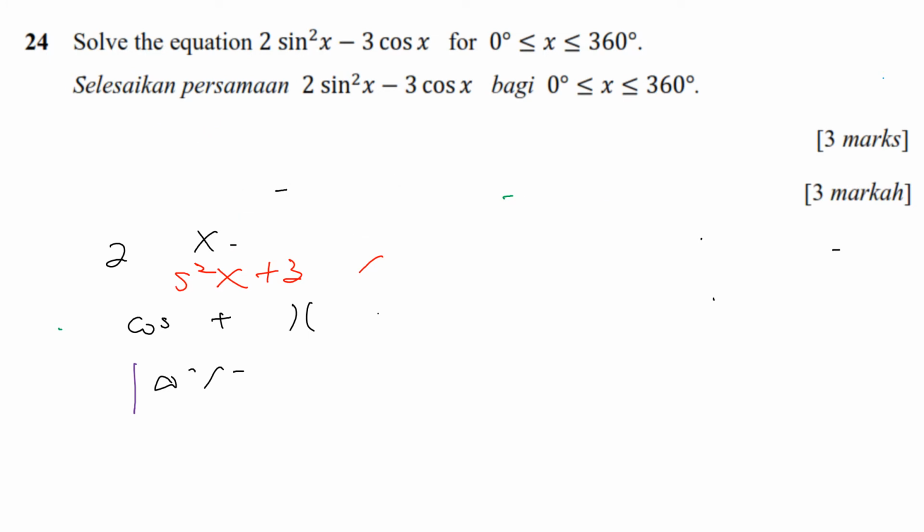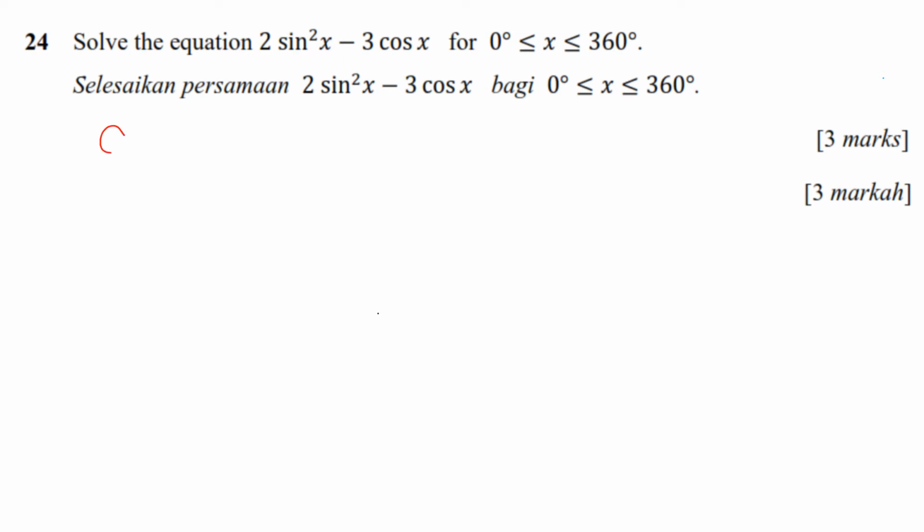If the waiting is too long, then you may skip, fast forward it. Okay, so I'm going to copy down again what I have from just now. Cos x equals -1/2, or cos x equals -1.